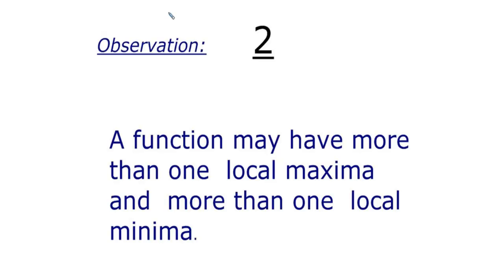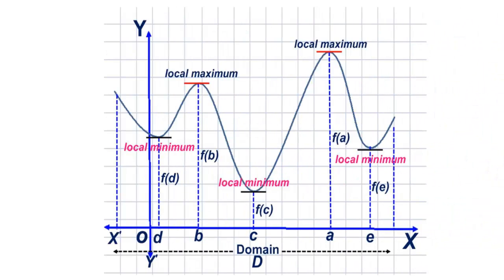This will be clear with the following graph. In this graph, now observe, this function has two local maximum points and there are 3, 1, 2, 3, so 3 local minimum points.